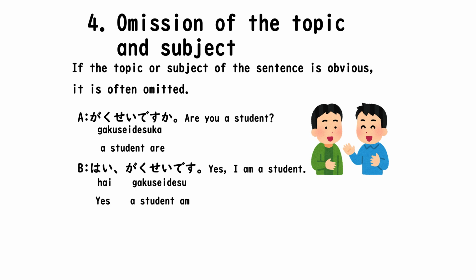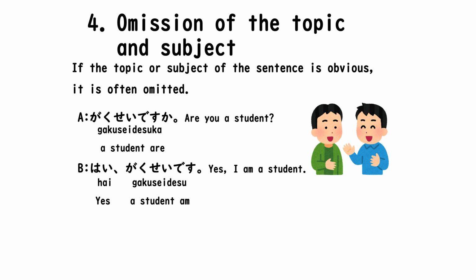This often happens in Japanese sentences. The reason is that, especially in the case of conversational sentences, the topic or subject of the sentence can be clearly understood from the context. So, it is okay to omit the topic or subject.